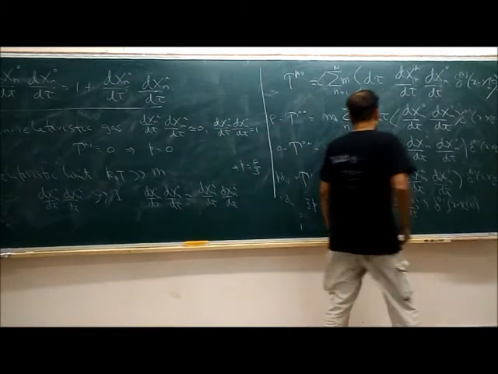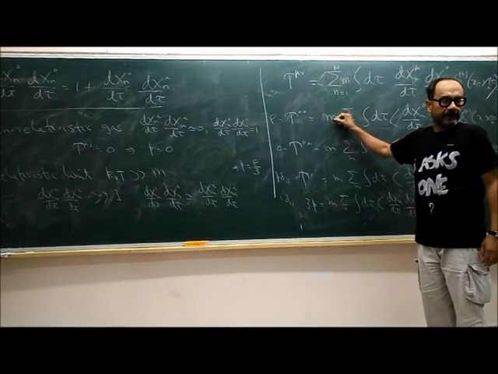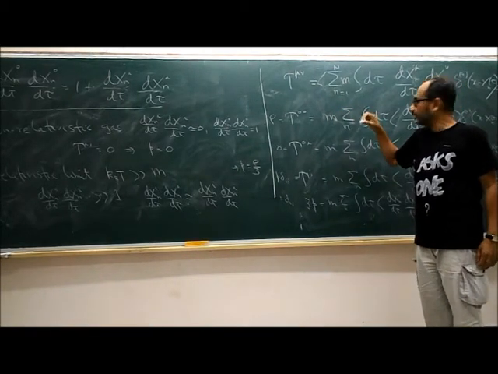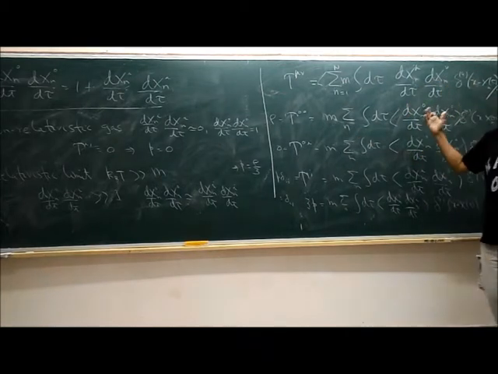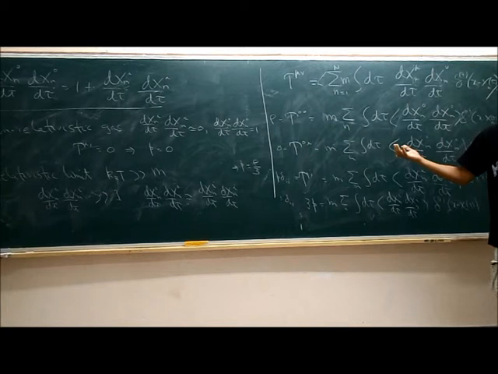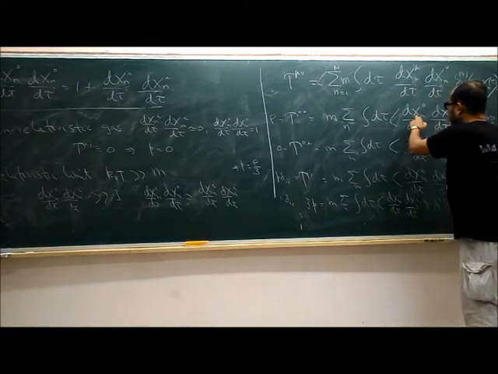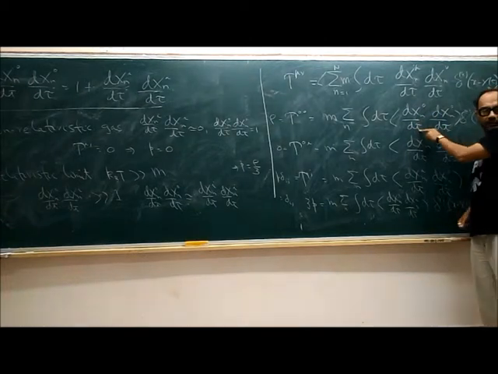Now it looks a little strange because there is an m sitting here. Photon of course has m equal to 0, so d tau is also 0. If you want to write the formula in such a way that it applies for the photon, you take this factor of m and absorb it into dxn d tau, and write this as p tau.